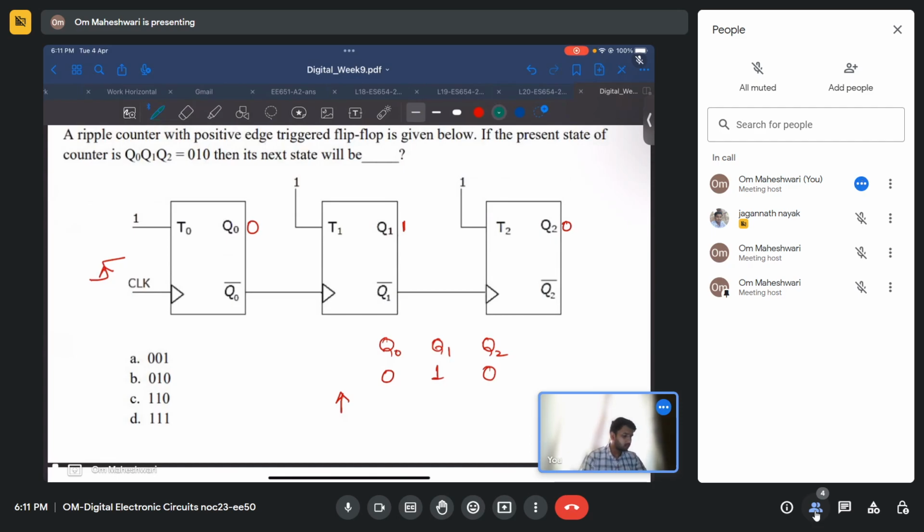Please try to solve it if you can. We'll do it together.